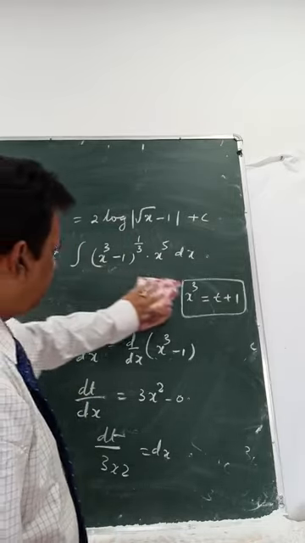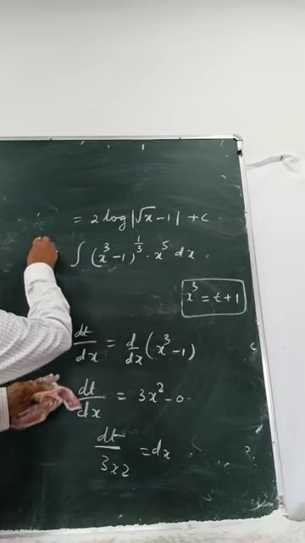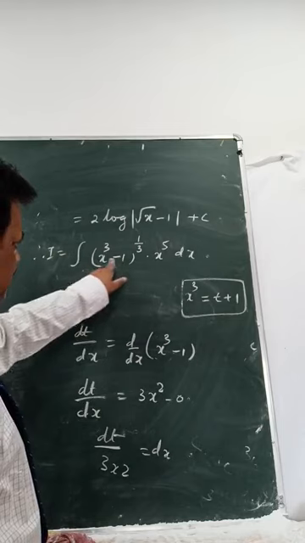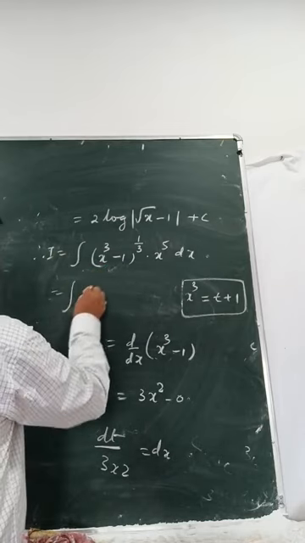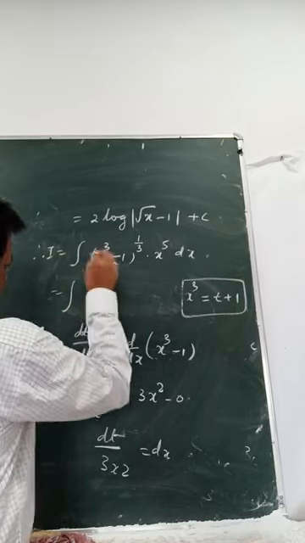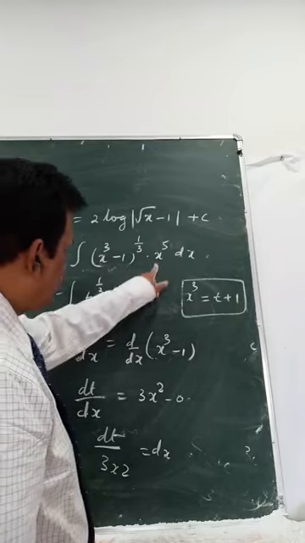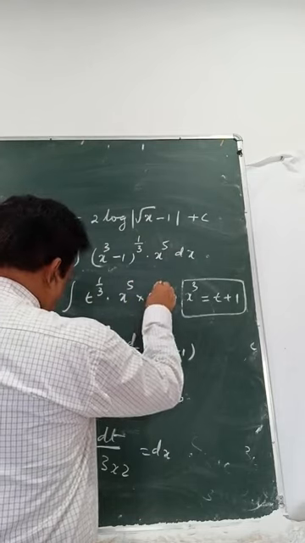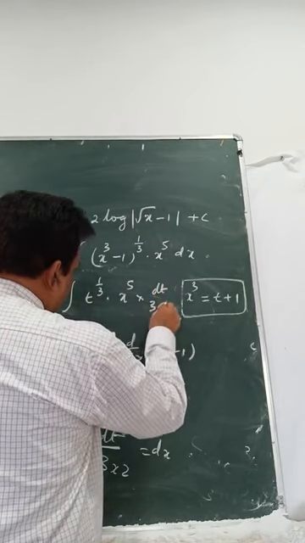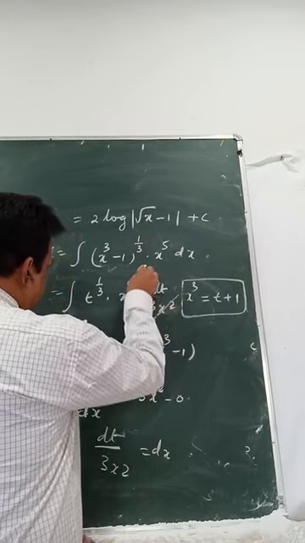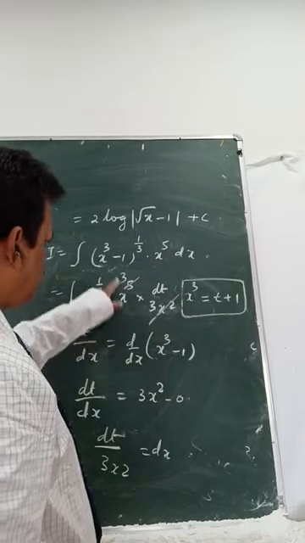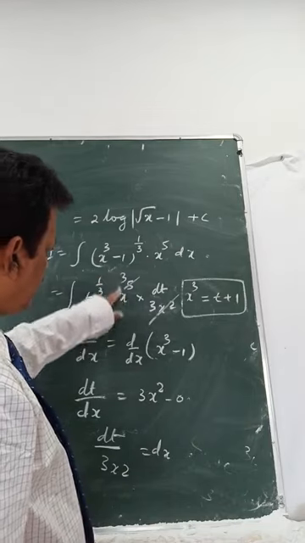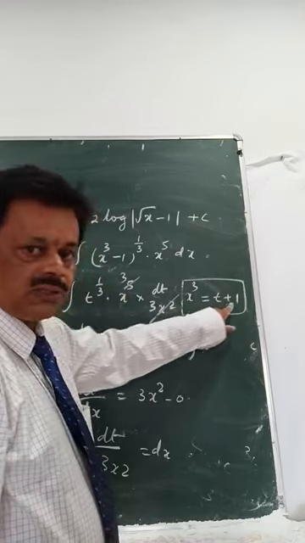So now the integral equals this. This I have taken t to the power 1 by 3. No relation I am getting. Let me write x to the power 5, but dt by 3x square. So if I cancel here, this is x cube now. X square cancelled, x to the power 5 becomes x cube. Now this x cube I can write as t plus 1.